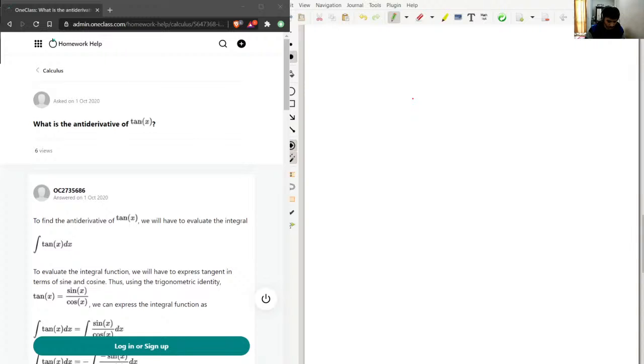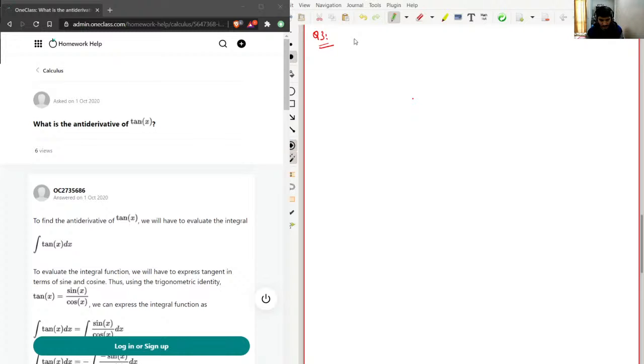So we have question number 3. For question number 3, we need to find the antiderivative of tangent of x.